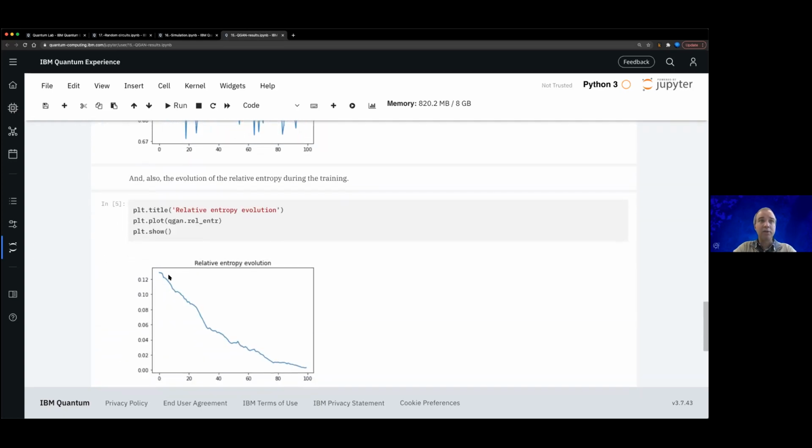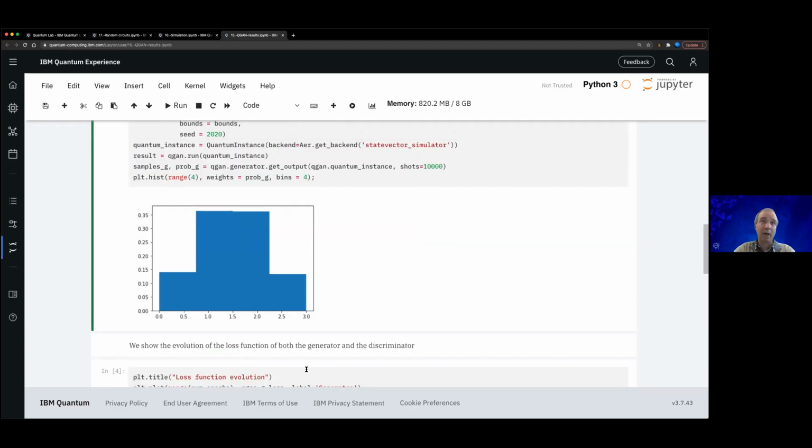And also you see that the relative entropy, which is a measure of the similarity, or the distance between the real data and the generated data, is going down steadily until it reaches a value which is close to 0. So this is why this was learned by the model, and we can use now this model, this quantum circuit. We have a quantum circuit that we can use in order to sample for this distribution, okay?